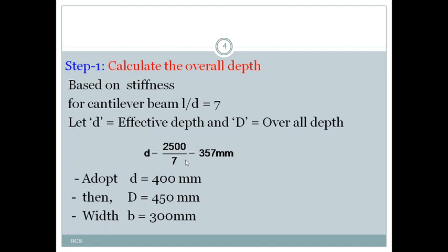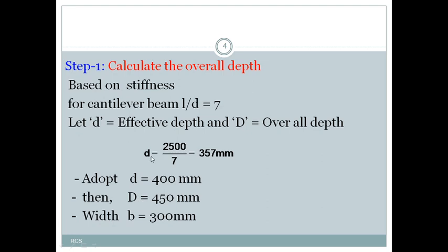But anyhow, for a factor of safety, I will adopt say a 400 mm effective depth, and by assuming a cover of 50 mm, the overall depth will be 450 mm. As given in the problem, b is equal to 300 mm. So finally, the assumed dimensions of the beam are: effective depth is 400 mm, overall depth is 450 mm, and width of the beam is 300 mm.